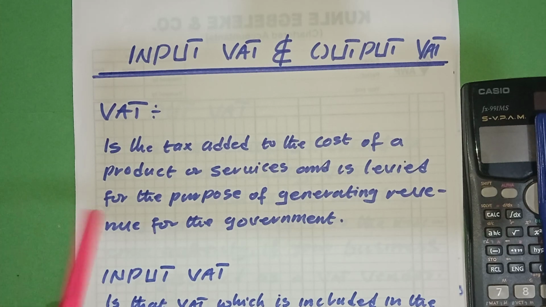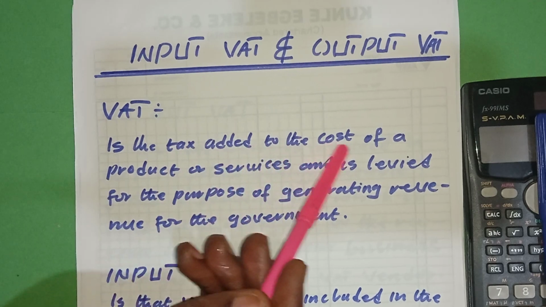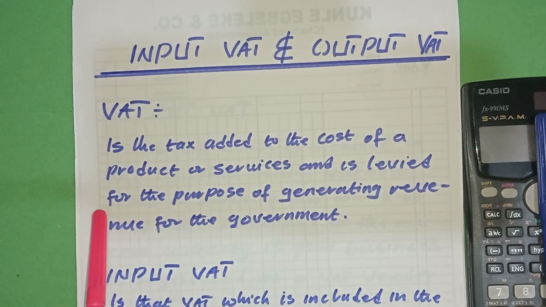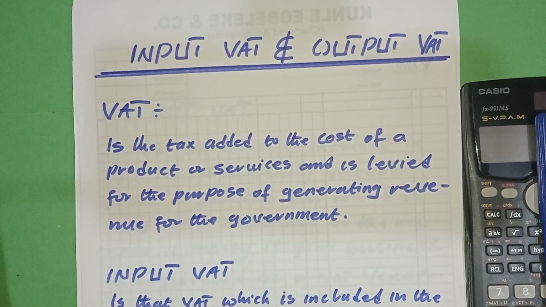What VAT is. VAT is the tax added to the cost of a product or service and is levied for the purpose of what? Generating revenue for the government. I hope it's clear. It is that amount added to the cost of a product or service, and it is levied by what?